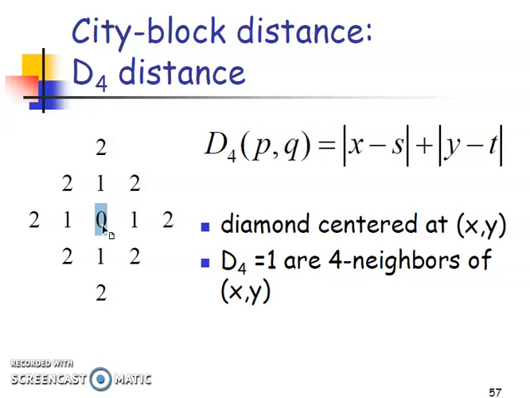This city block distance for the center pixel is observed as a diamond centered at this particular location. Using this formula we can calculate the city block distance between pixel P and pixel Q.